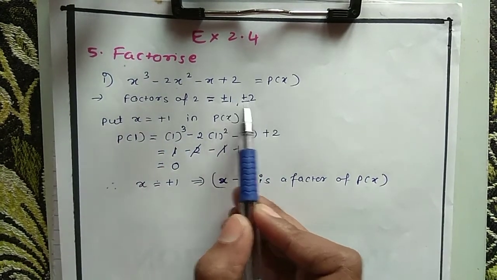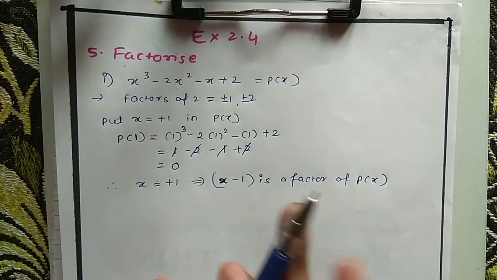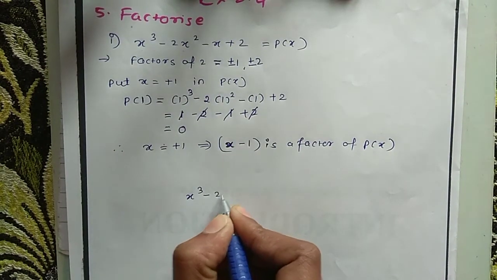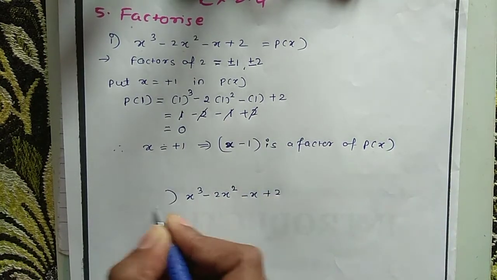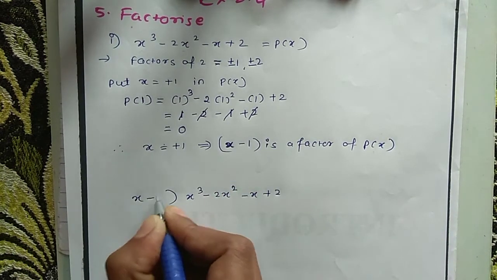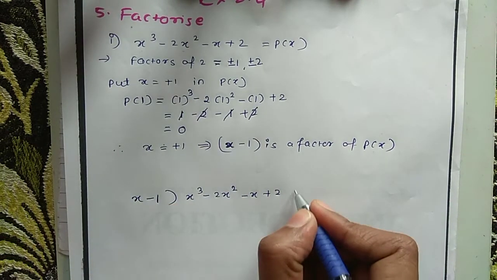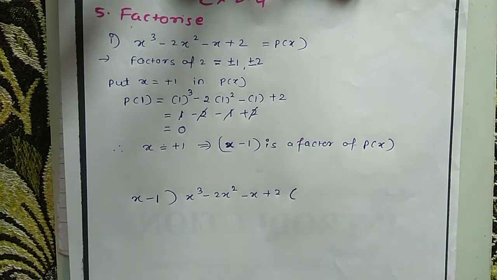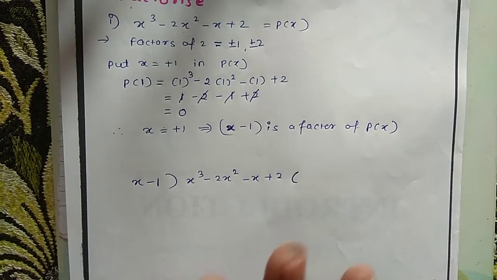You may get other factors by putting minus 1, plus 2 or minus 2, but one factor is enough. Now we will divide the main given polynomial in x by the given factor. Since this is a factor of the given polynomial, definitely in the quotient you will get the remaining factors and the remainder will be 0.